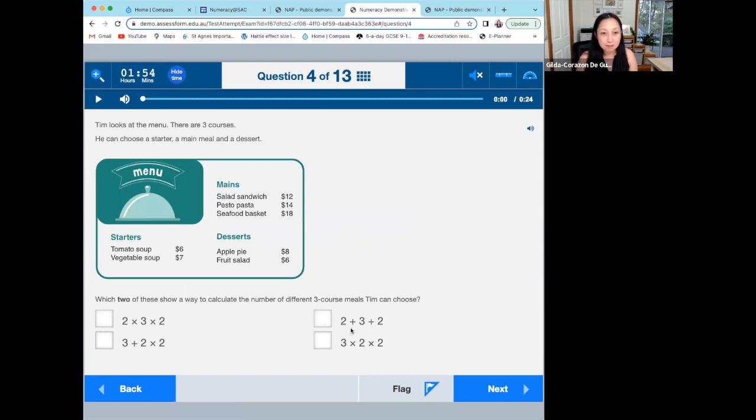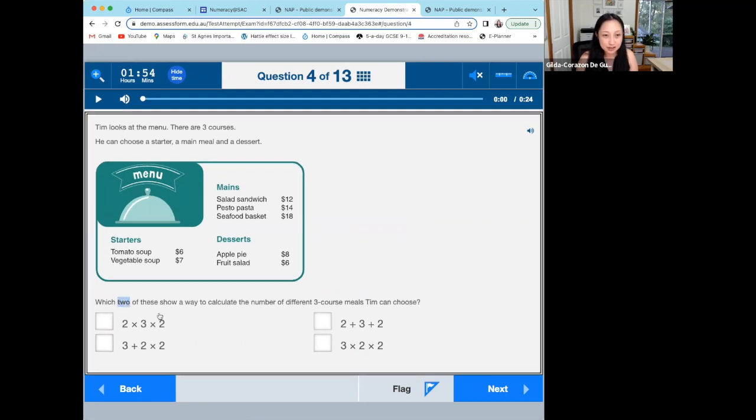There would be multiple answers here, and it would tell you that you need to choose 2. Sometimes they don't tell you, but once you see a square instead of a circle, that means you need to tick 2 of them, or more than 1, I should say. This is part of your probability.